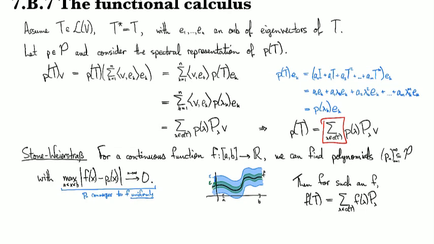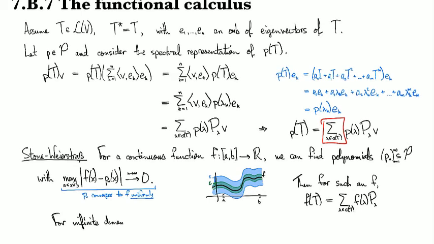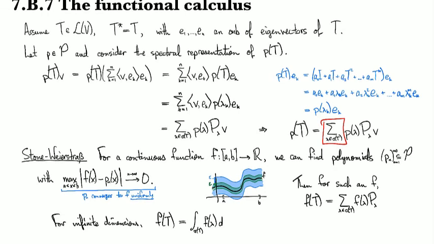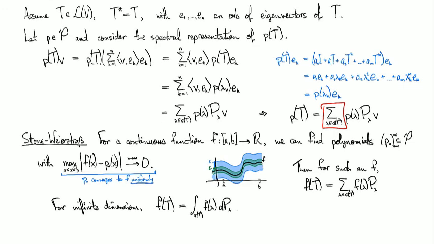And even for infinite dimensions, f of T can be written as an integral over the spectrum. And so this is absolutely crazy, right?